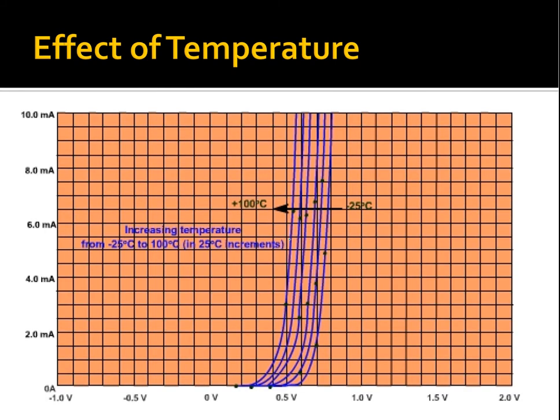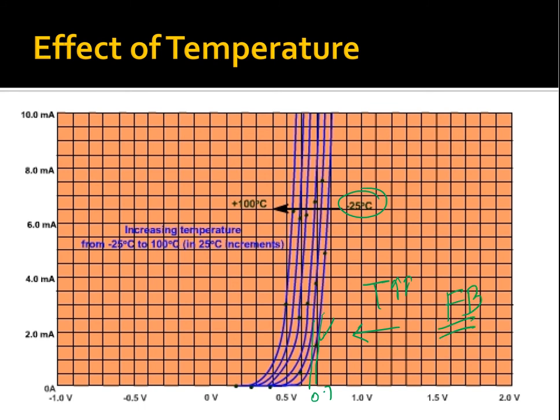For example, this is a graph. Let's say this is the typical 0.5, 0.6 and 0.7. If the temperature is increasing in steps of 25 degrees centigrade, the turn on voltage for this waveform was 0.7, then for this it has decreased, and eventually as the temperature increases, the turn on voltage or barrier potential decreases in the forward bias region.